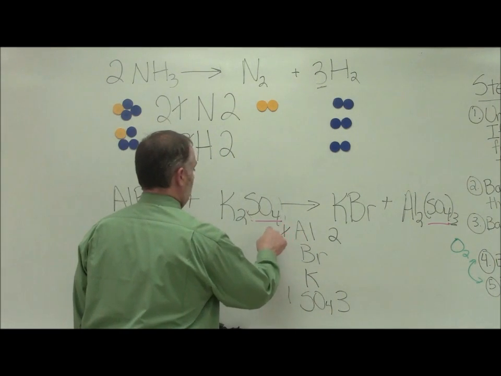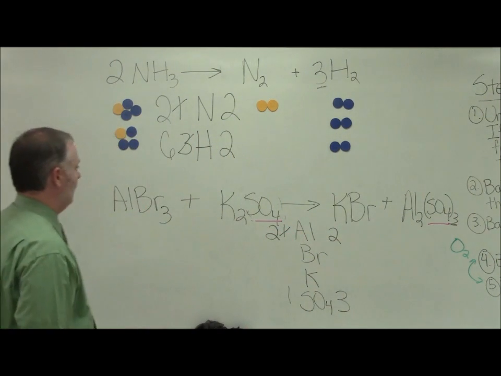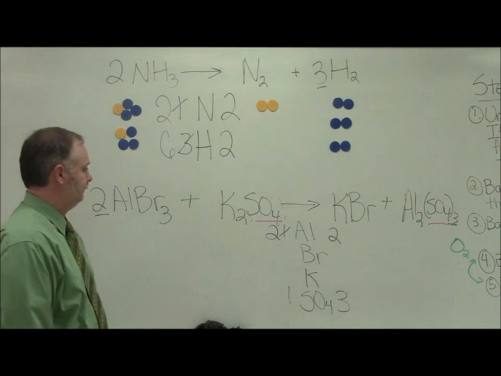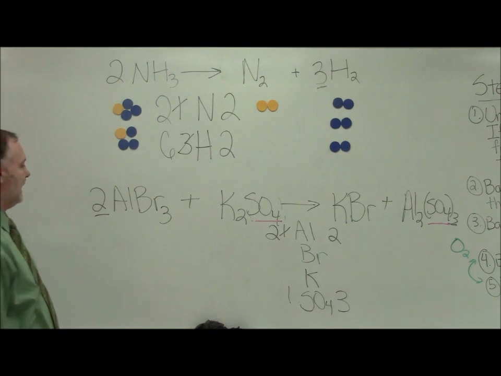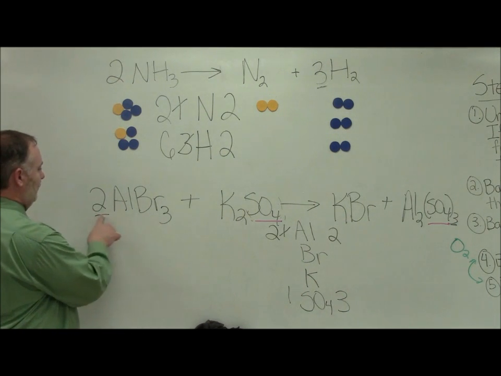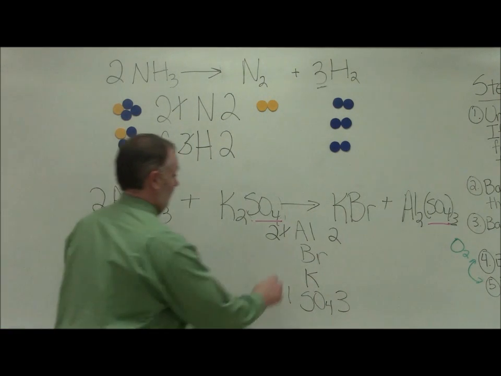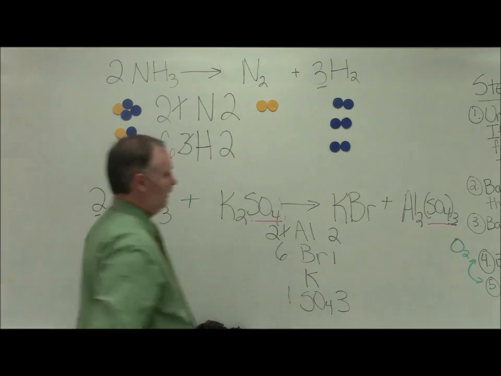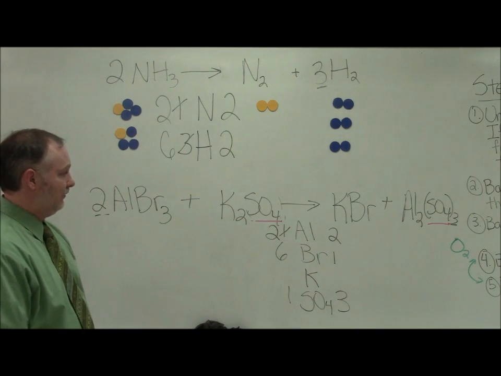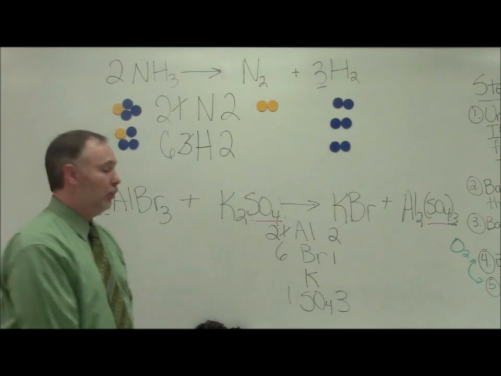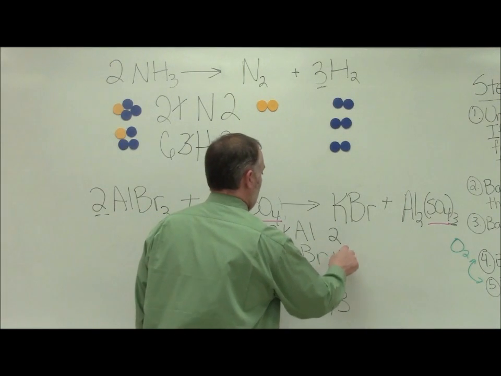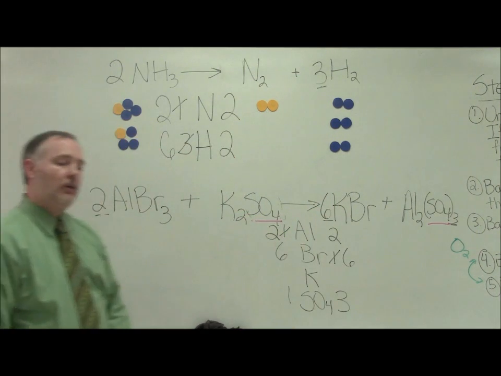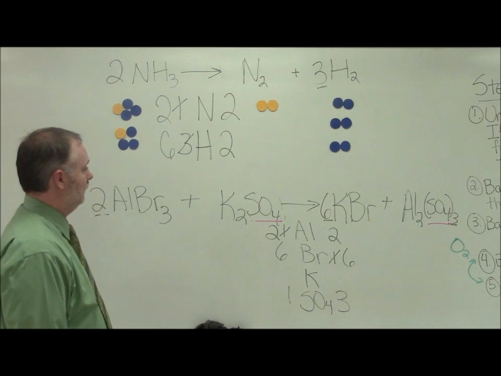I'm going to fix my aluminum before I go on by putting a coefficient in front of my aluminum bromide. Now, I have bromine. I have a total of 6. I have only 1 here. Okay. Let's fix it. The one that has less, that's what we got to add to. I got to get 6, so put a big coefficient in front of that whole formula with bromine. Right.